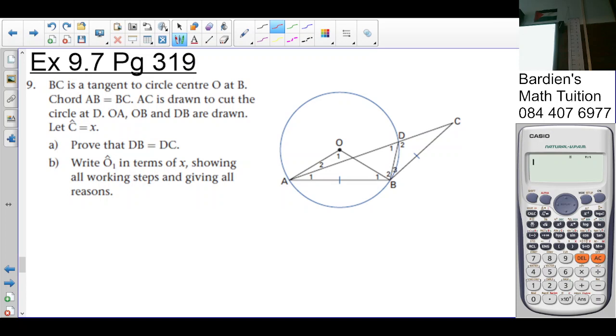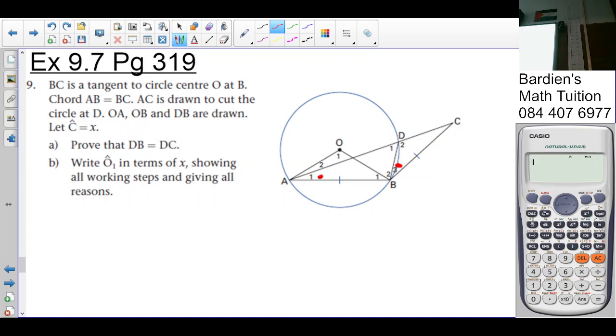B3 is equal to angle A1, absolutely. Okay? Then we are told that chord AB, this line here, chord AB is equal to BC. What can be concluded from there?